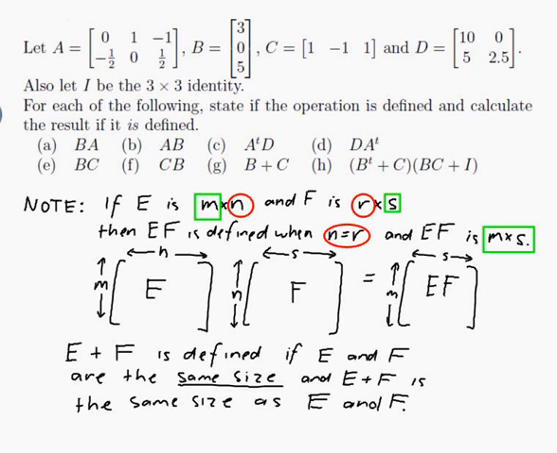So A was BA. That's what I had to multiply. So in order to find out whether BA is possible, I need to write down the sizes of B and A. B, if we go back and have a look, was a 3 by 1 matrix. So B is 3 by 1.